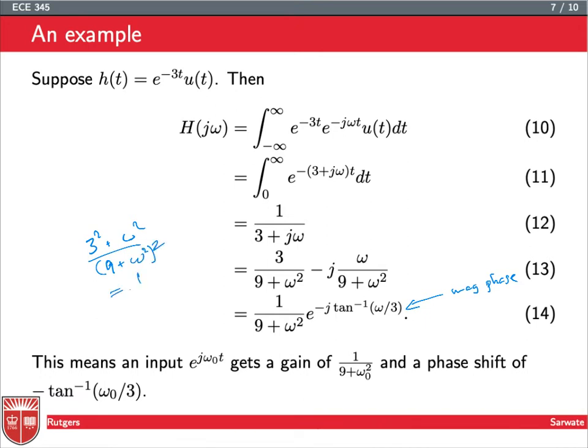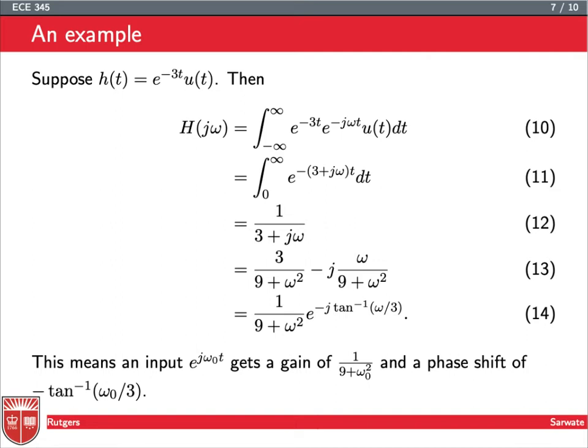And this is going to be equal to 1 over the square root of 9 plus omega squared. So that's the magnitude. And then the phase is going to be minus the inverse tangent of omega over 3, and the minus sign comes from this minus sign here.